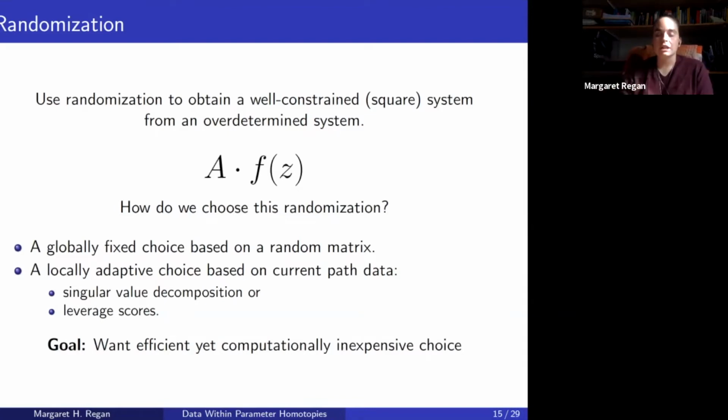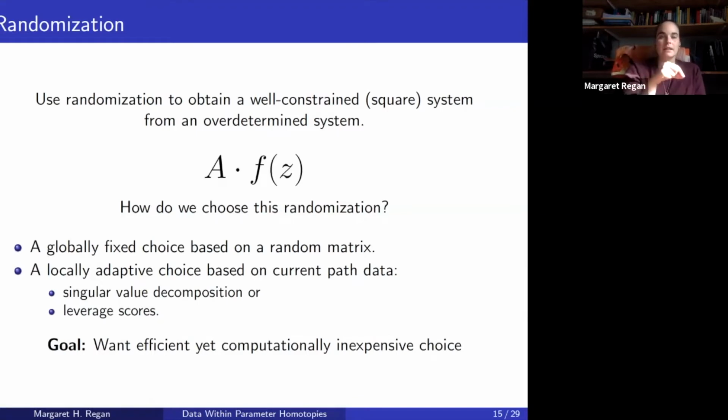But another option is we can use the current path data. If we remember back to our homotopy continuation picture of these paths between solutions, we can use that local data along this path to make a new choice of our randomization along the path.